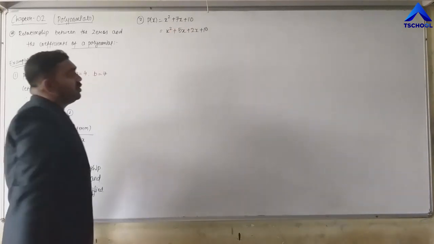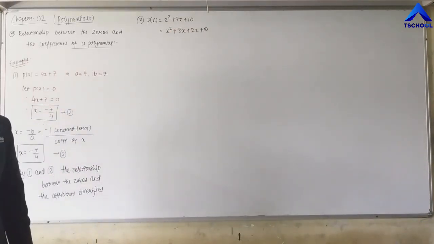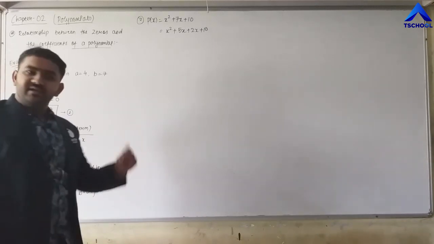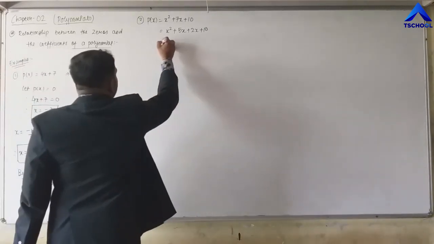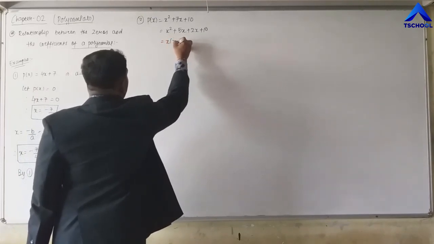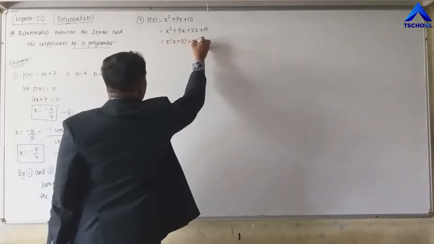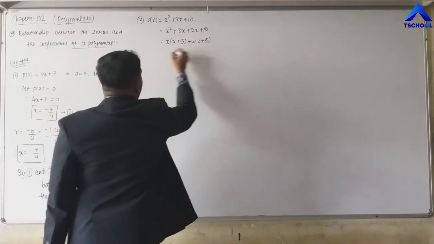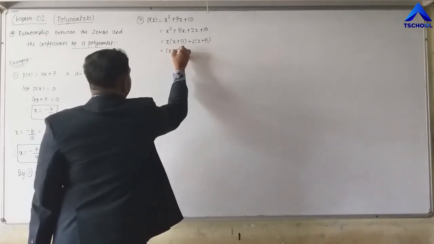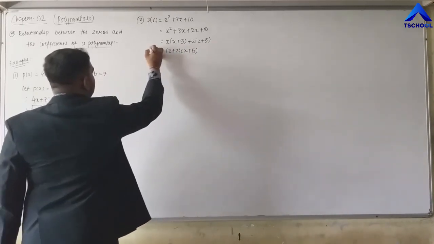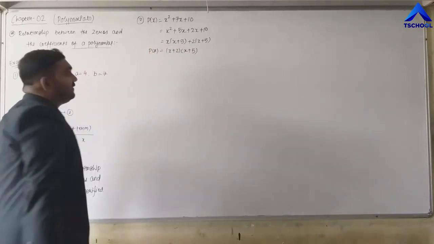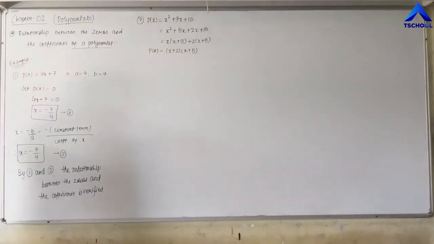You must know how to factorize a quadratic polynomial now, because we have already studied this in standard 9. So that equals x into x plus 5 plus 2 into x plus 5, that is x plus 2 into x plus 5. We simply got the factors of the given polynomial.